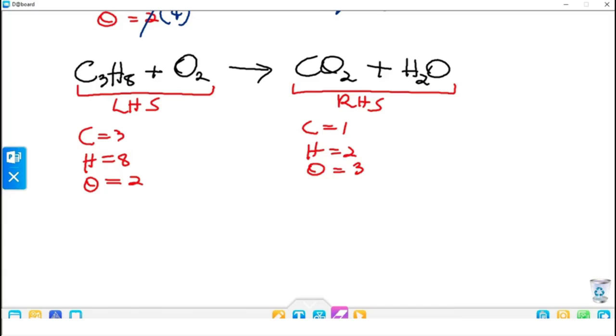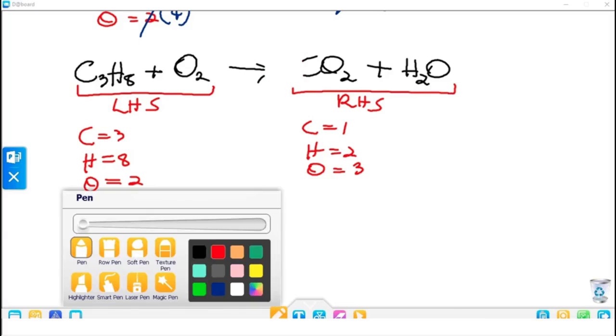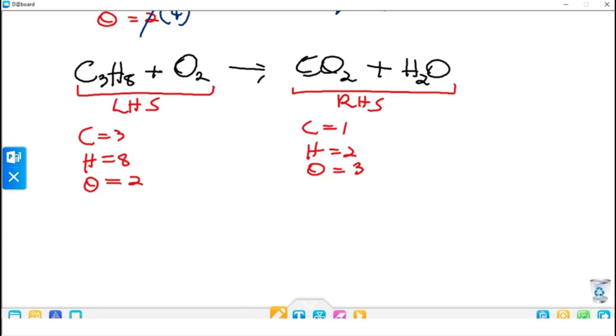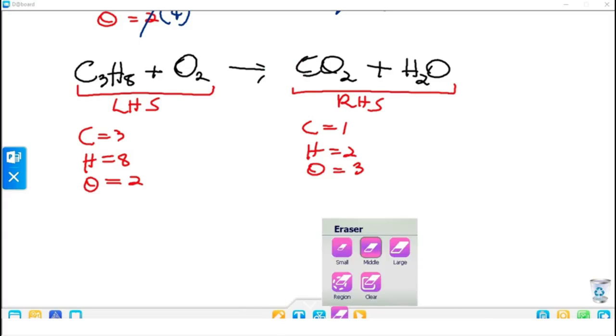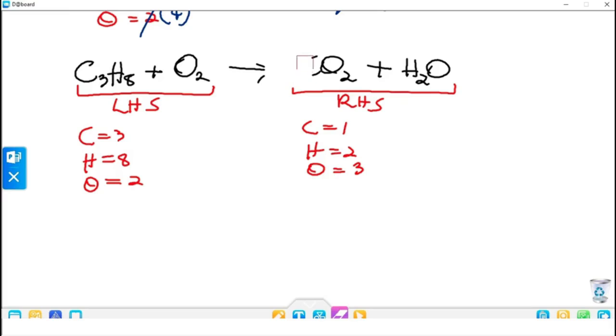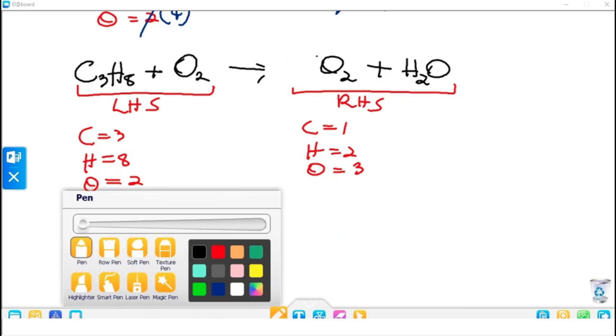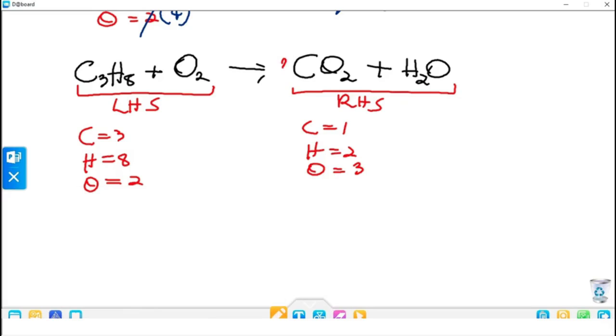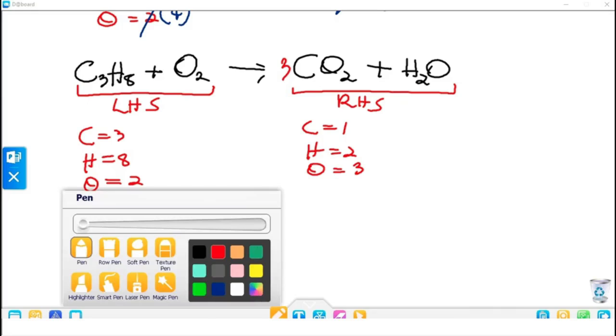We have our number there already. 3 is there. So, to balance this equation, we said that we have to place 3 in front of carbon.